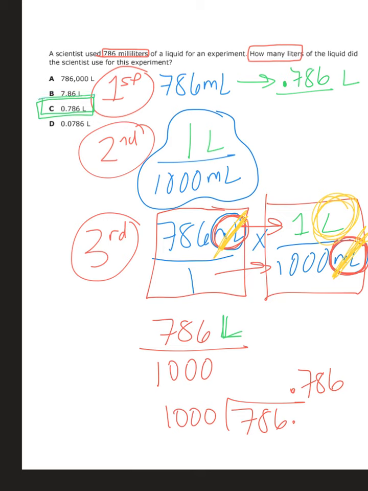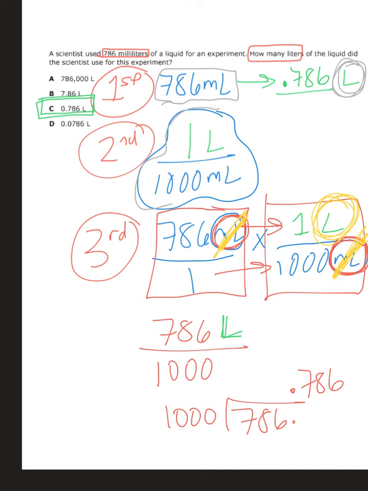So let's just backtrack and review our steps. First step, we read the problem and we identified the units that we started out with, which was this. And then we figured out, what are we trying to get? We were trying to get to liters. Our second step is we had to find the conversion rate.